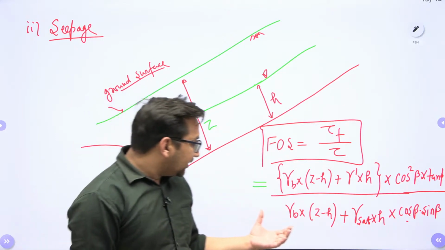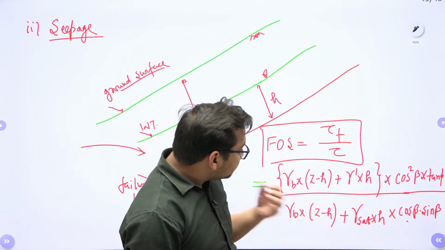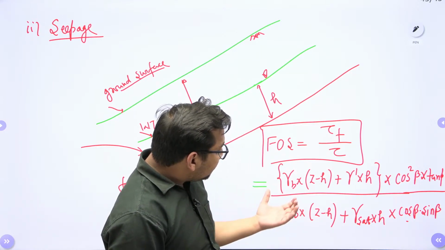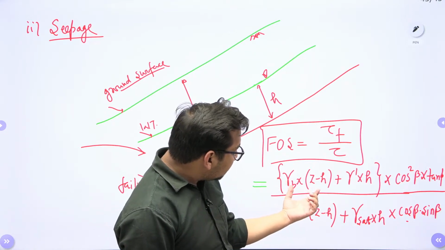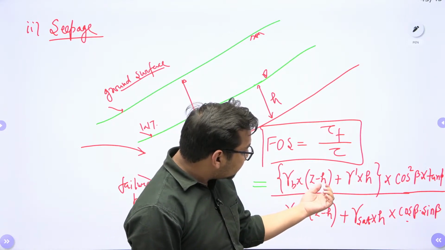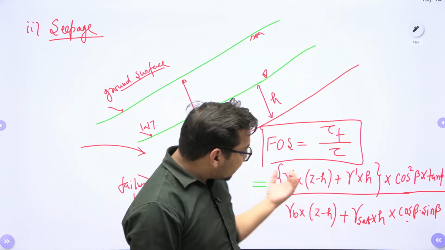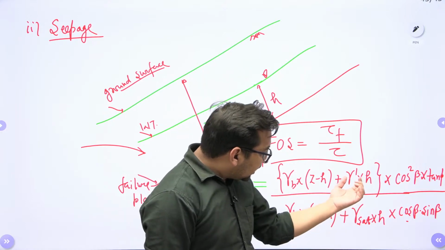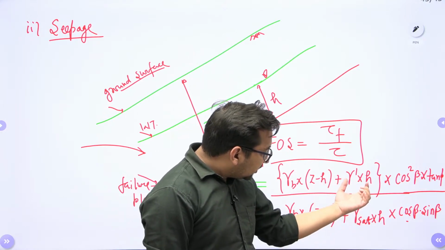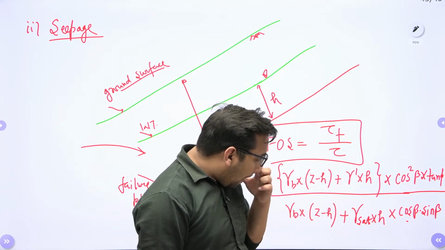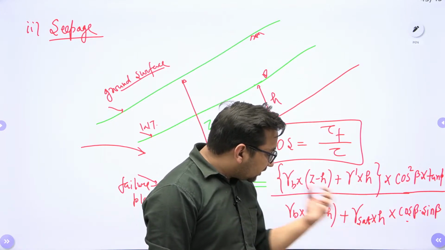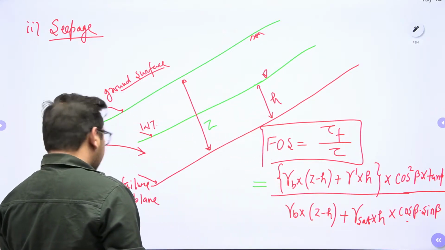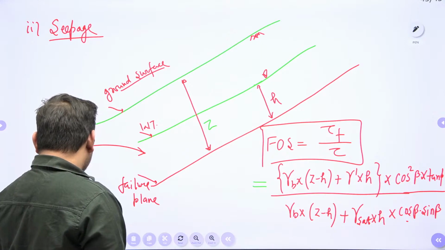You can also modify it. If I just divide it with this particular value, what can we get? If I take gamma bulk into z minus h plus gamma submerged into h as common, this particular value will also get common. Here we will get one value, here we will be left with gamma submerged, and here we will get gamma w, right? So, we can also modify it in terms of gamma average.